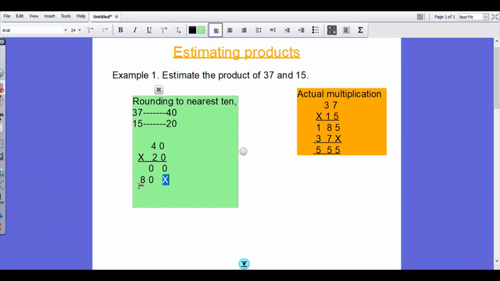Now add: 0 plus 0 is 0, and 8, no number is there, so write 8 only.